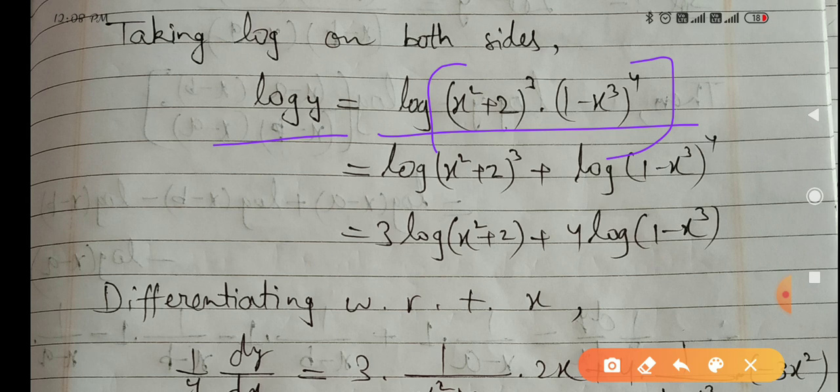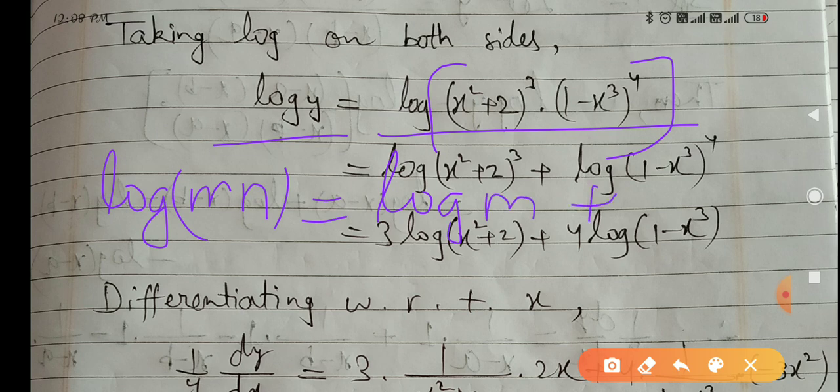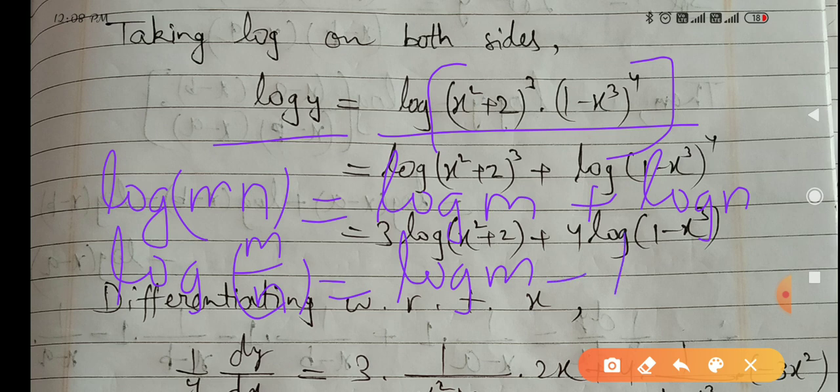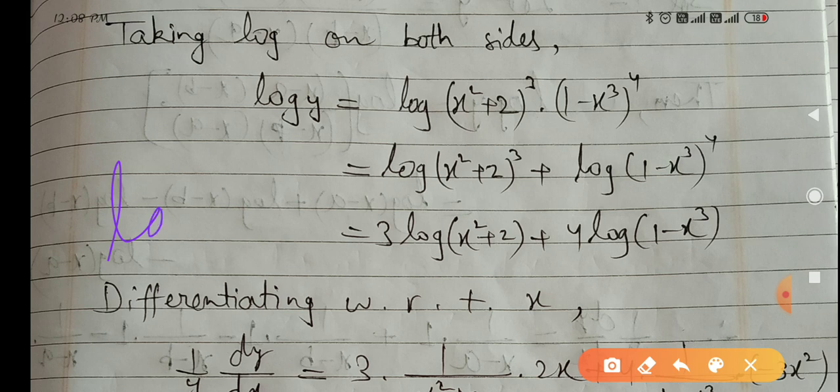Now the laws of logarithm you have to remember, which you have studied in class 9th. I am telling you one time: log mn equals log m plus log n. Like this you can apply log m upon n equals log m minus log n, and one more, log m to the power n equals n log m.